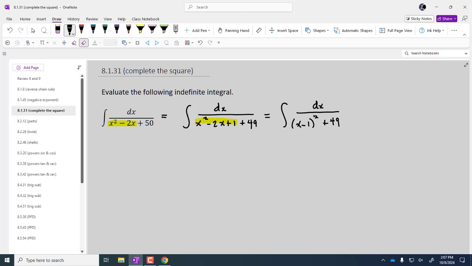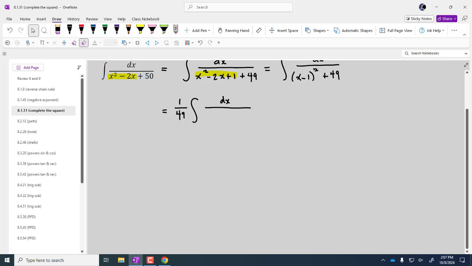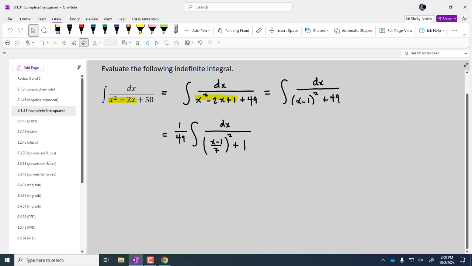And it's really close to being in an inverse tangent form. We're going to factor out that 49 first in the denominator. And when that 49 comes out to the front, it leaves us a 1 in the position to the right. But we also don't have a 49 in this first term, so it introduces a 49 in the denominator.